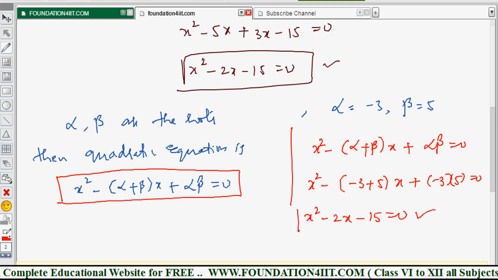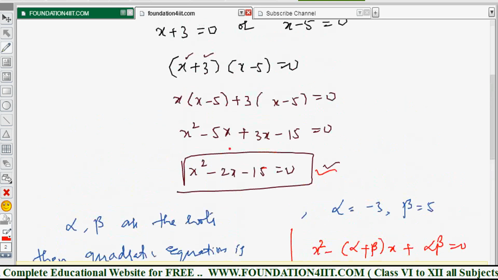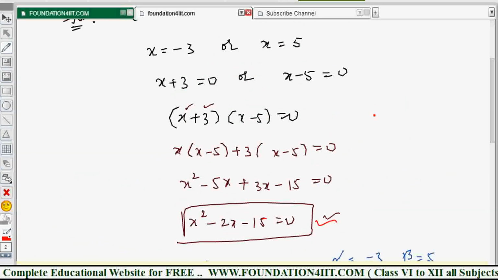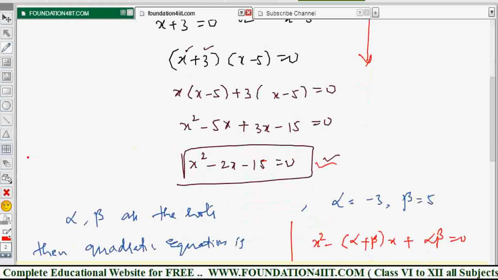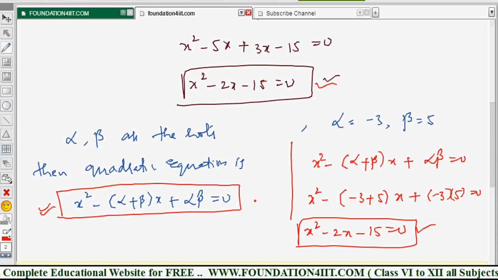Right? We got the same: x square minus 2x minus 15 is equal to 0. So this is a shortcut trick. Whenever the roots are given, you can find the quadratic equation directly. Otherwise, in the normal process, you can do it this way also. So this is the method, and to get the answer directly, just use this shortcut trick.